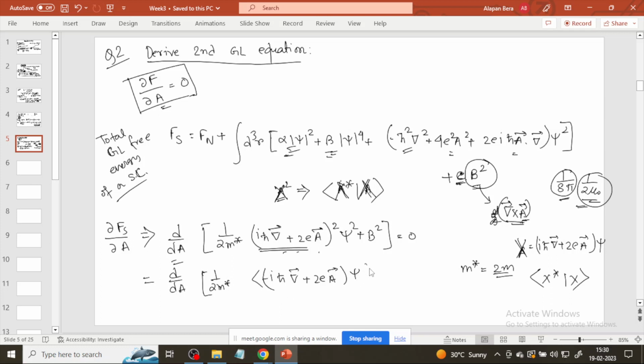This psi goes as psi star, and now we write the x, which is i h cut delta plus 2eA psi. So this is like this, plus this p square term remains as it is. So this is basically 0.